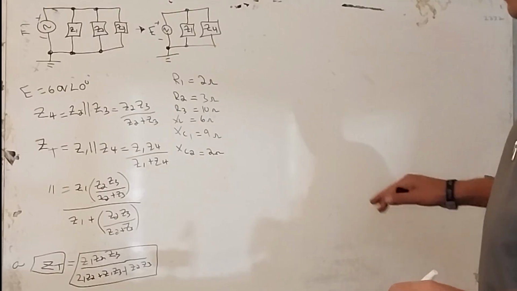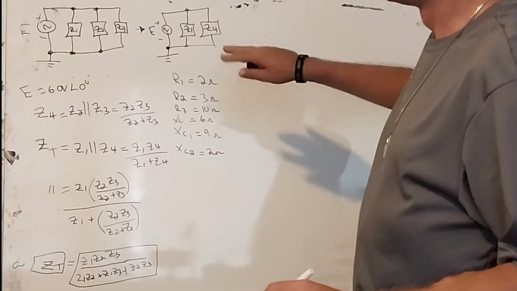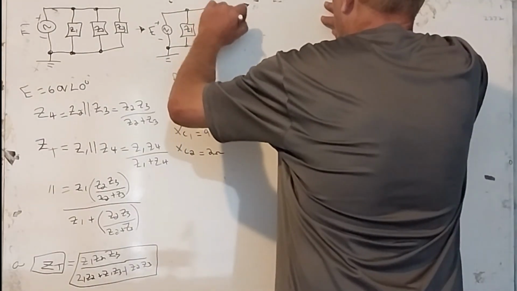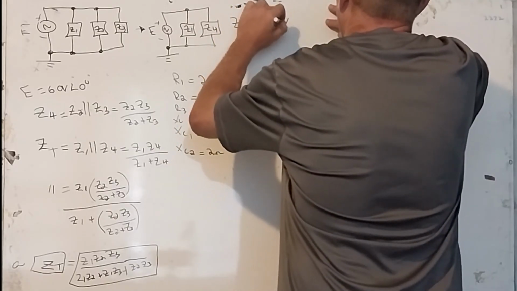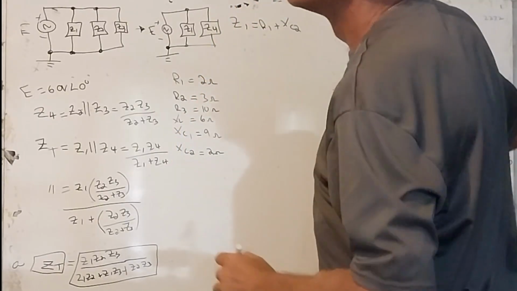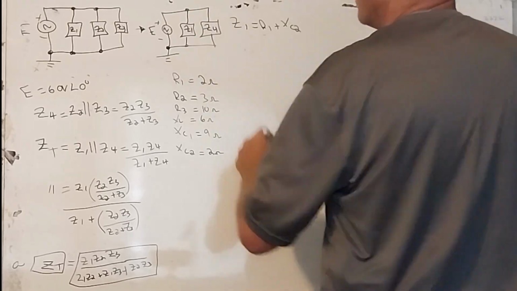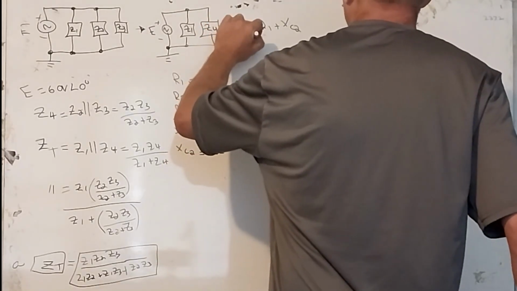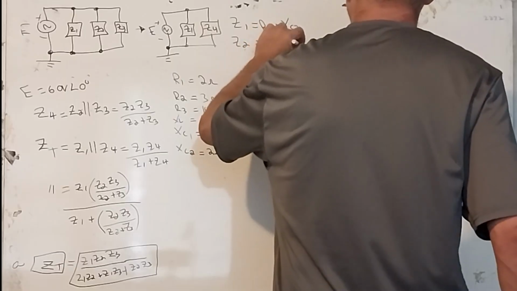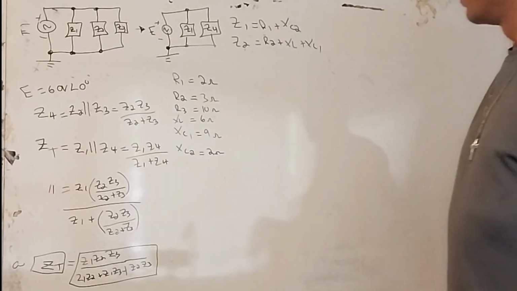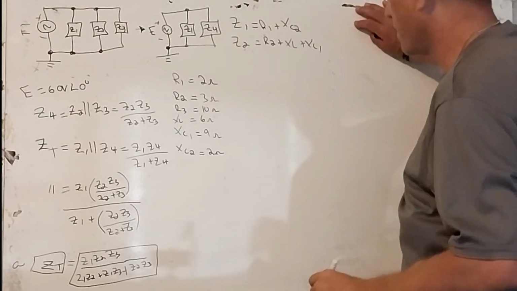All right, so we have all the values. We know that Z sub 1 is R1 plus X of C2, and Z sub 2 is equal to R2 plus XL plus X of C1. So let's just plug this in and see how this turns out.